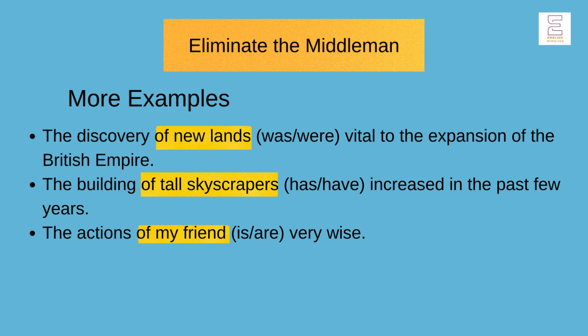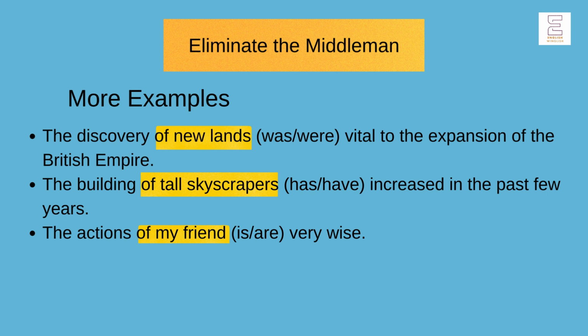In the first sentence, we have found out that of new lands is our middleman. In the second sentence, of tall skyscrapers is the middleman. And in the third, of my friend is the middleman.